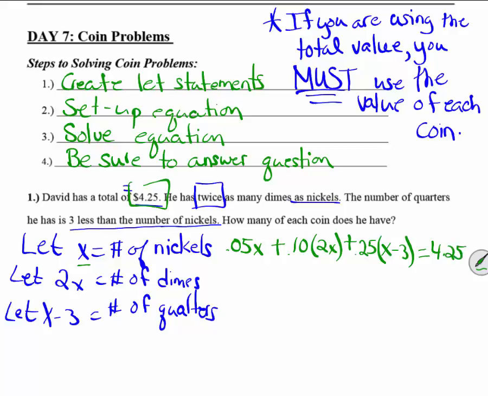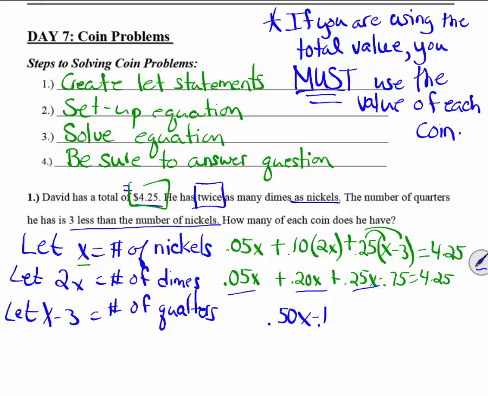Okay, now we're going to go through and do our multiplying. So 0.05x plus 0.10 times 2 is 0.20x, plus I have to distribute here. So 0.25x minus 0.75 equals 4.25. Now I can combine my like terms. And when I combine my like terms, that actually gives me 0.50x minus 0.75 equals 4.25.